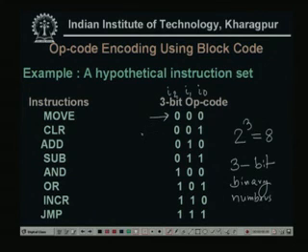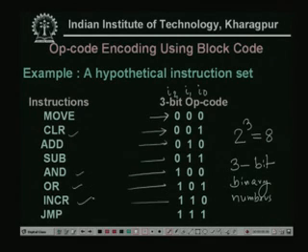Similarly, if the opcode field contains 0, 0, 1, then it is a clear, meaning the register value is reset to 0. Similarly, 0, 1, 0 is add, 0, 1, 1 is sub, 1, 0, 0 is AND, 1, 0, 1 is OR, 1, 1, 0 is increment, and 1, 1, 1 is jump.